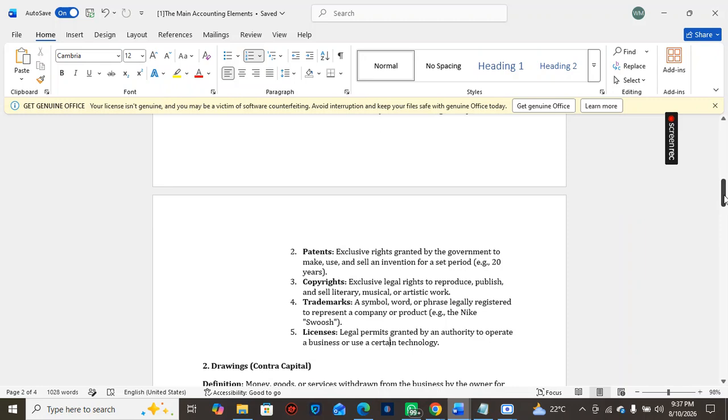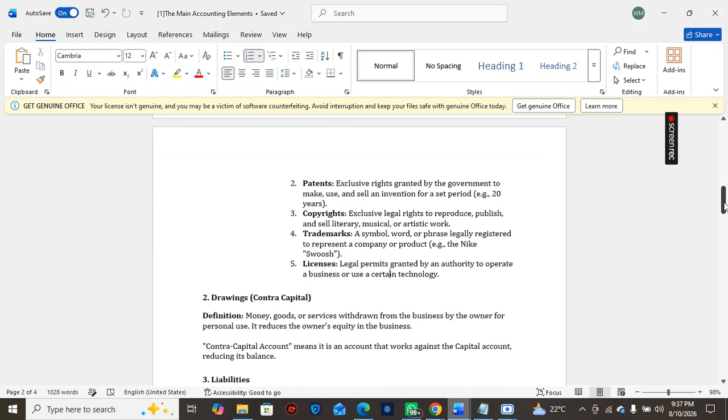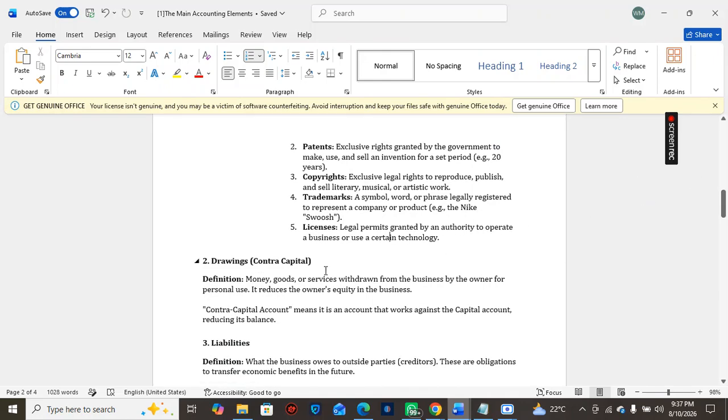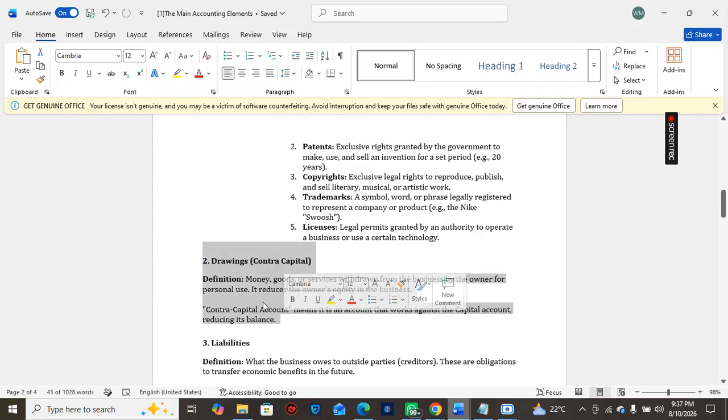So that's the first type of account, assets. Assets are broken down into current assets and non-current assets. Number two, we'll go to liabilities before drawings and capital, because drawings and capital go hand in hand. So we'll go to liabilities.